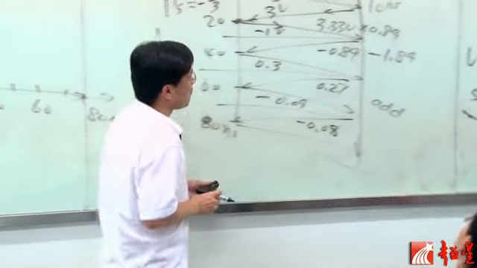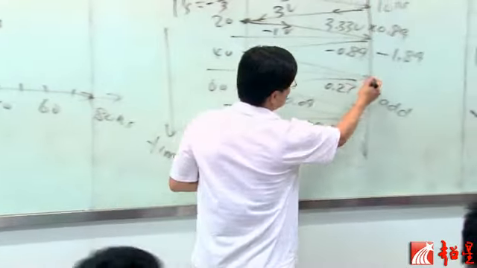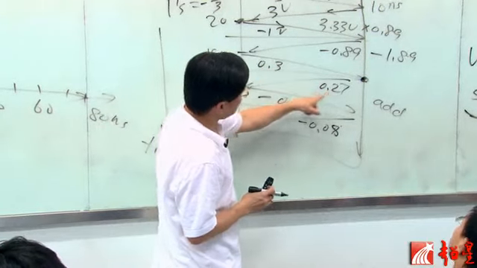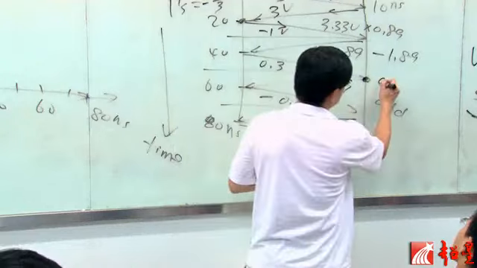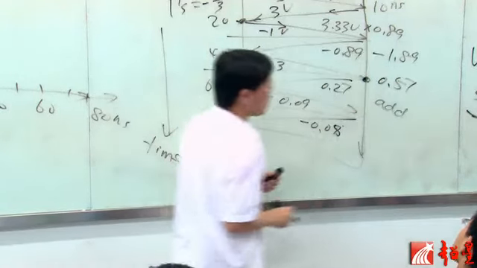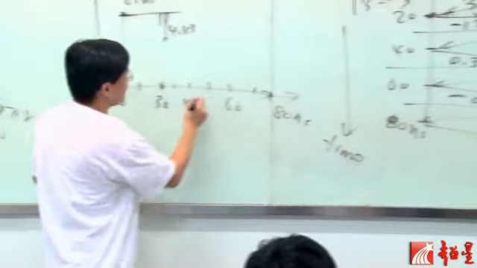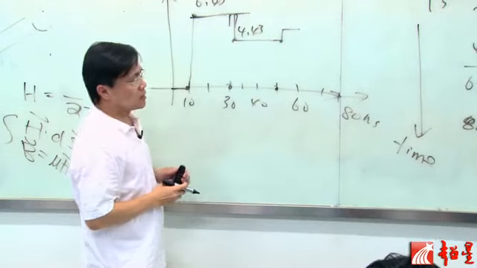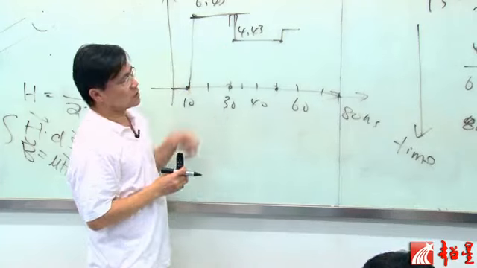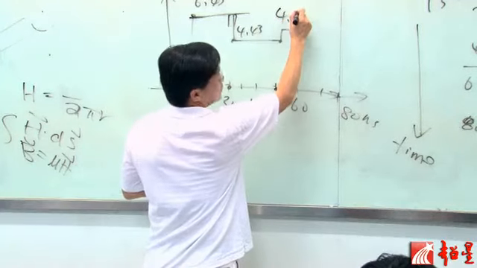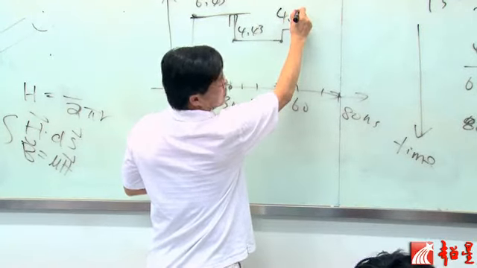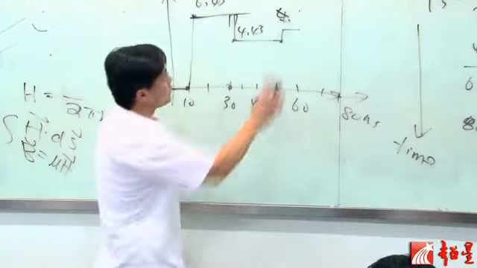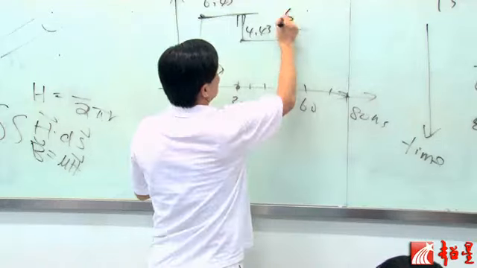And then at 50 nanoseconds, you can see that 0.3 plus 0.27, so you have 0.57. So at 50 nanoseconds, we're going to add 0.57 to this. That will give us about 5 volts here.